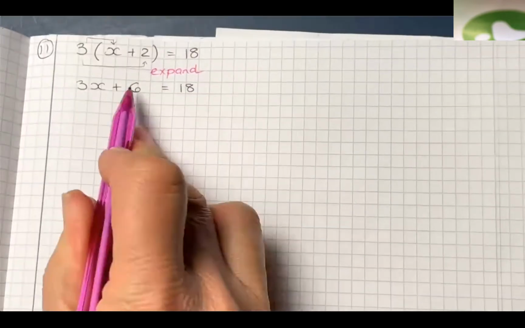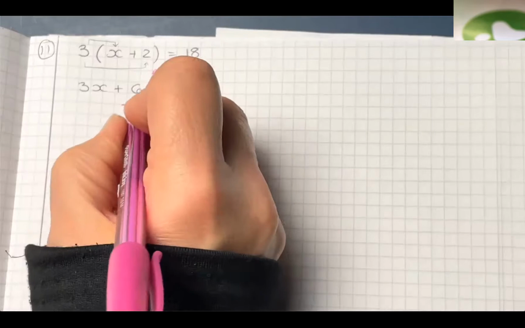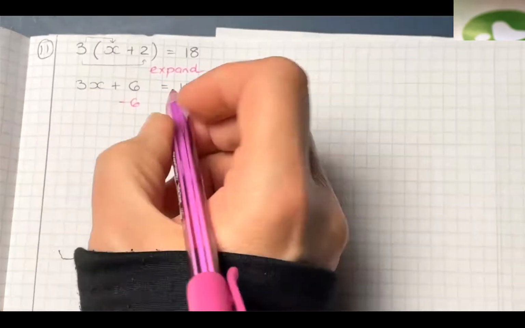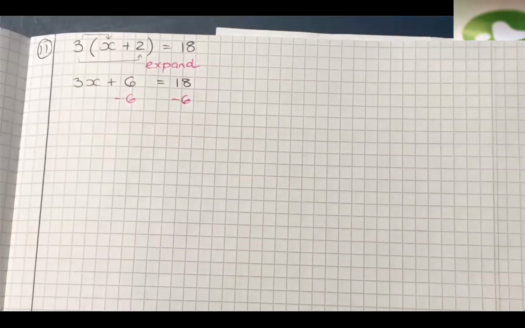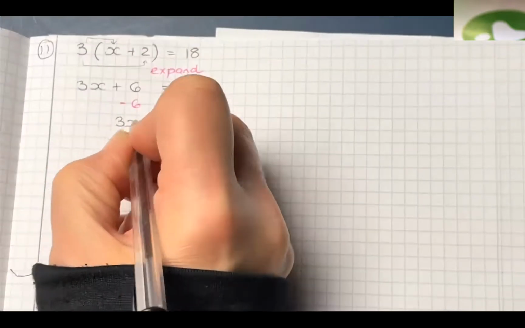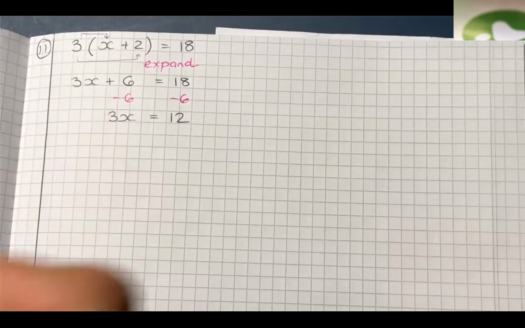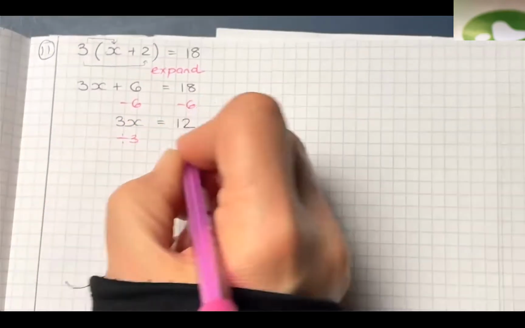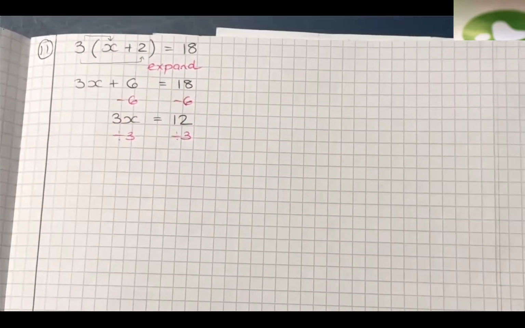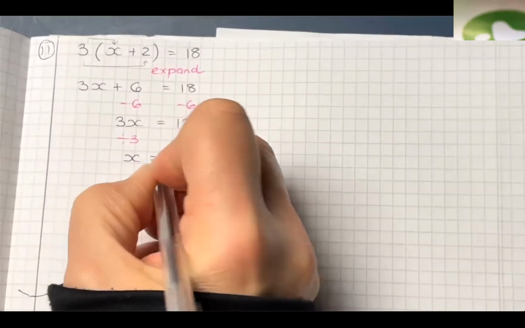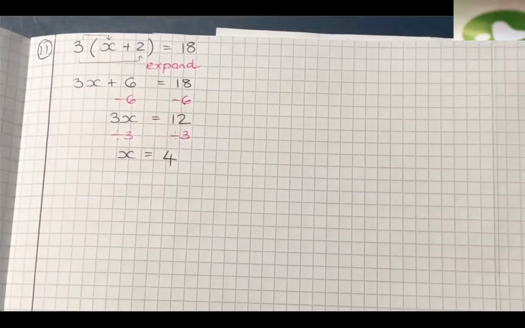We now want to subtract 6 from both sides. So we've just got x and its coefficient on the left-hand side. So I've got 3x equals 12. And then dividing both sides by 3, I've got x on the left-hand side, 4 on the right-hand side.